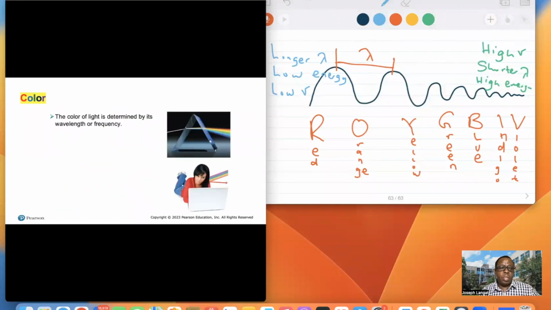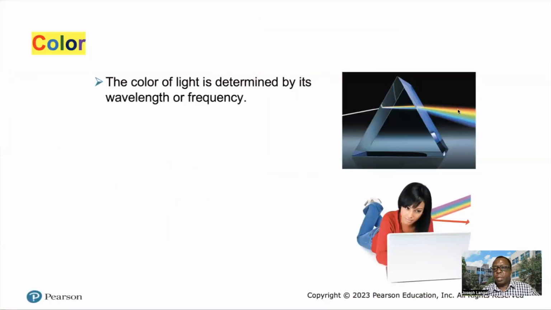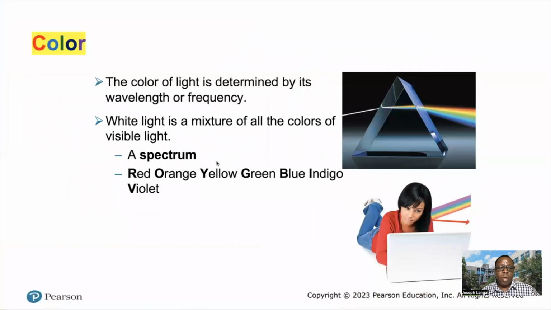So here is the white light. If we use a prism, we can separate the white light into different colors, continuous, based on their wavelength. I just gave you this: red, orange, yellow, green, blue.